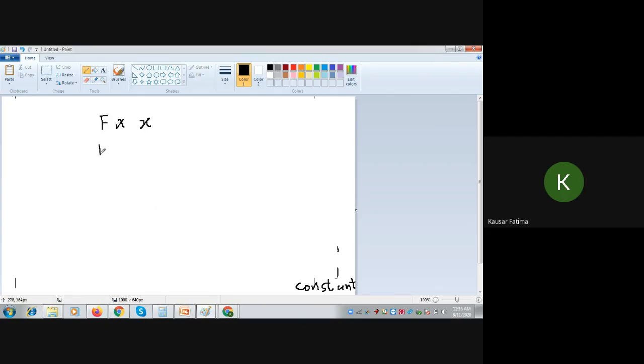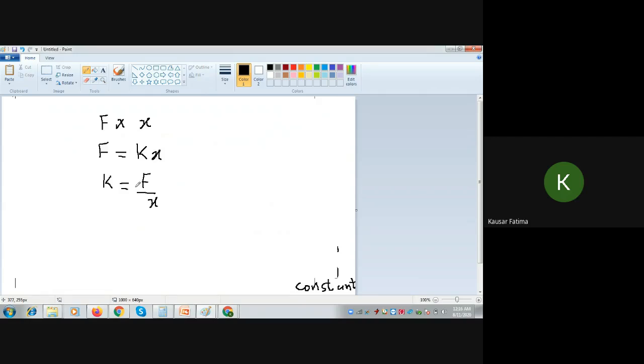If you remove the proportionality sign, we get an equal sign and a constant K, times X. So K is equal to F over X, that is the spring constant or stiffness. And this depends upon the material. Besides this, it depends upon the shape of the object, the geometry of the object also.